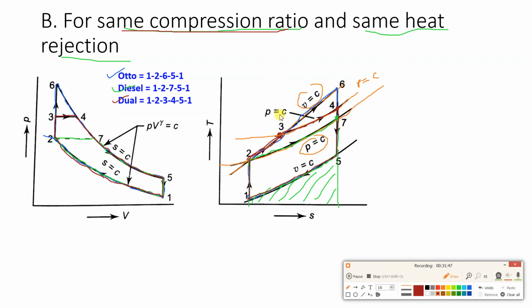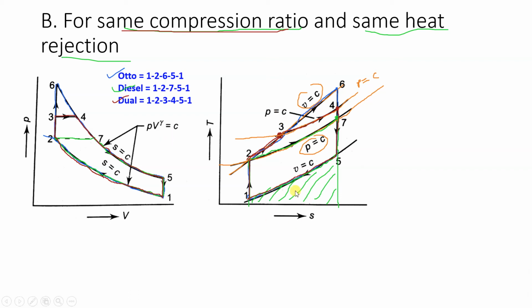Okay, so we'll see the analysis part now. What is the efficiency formula? Efficiency is W net upon heat supplied, and since all these 3 are cycles, we can replace W net by Q net according to the first law of thermodynamics, divided by Qs, and Q net is heat supplied minus heat rejected.